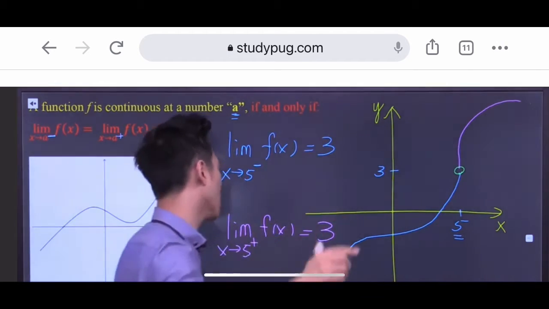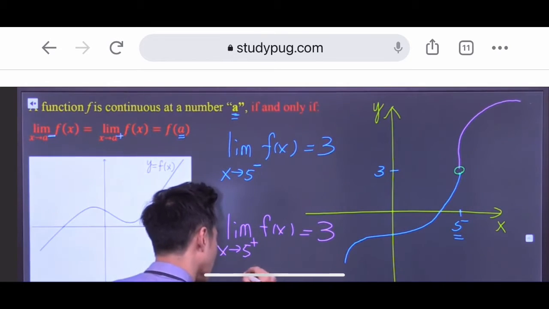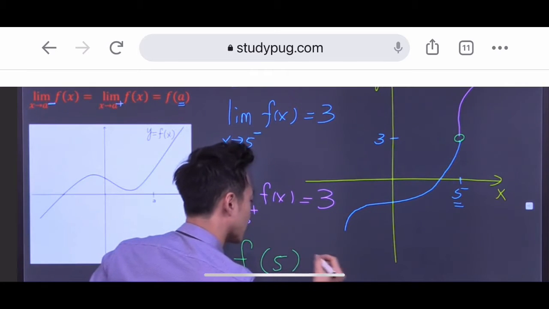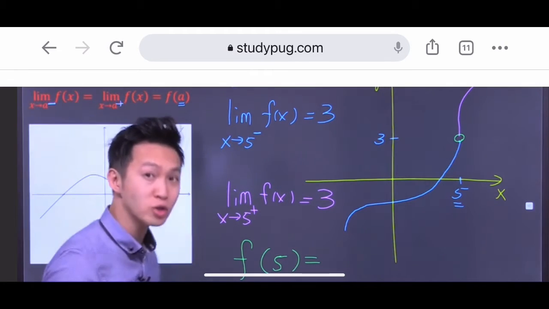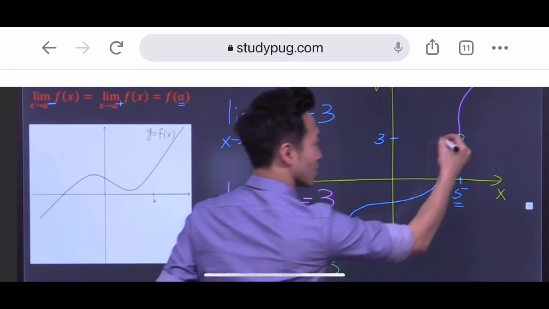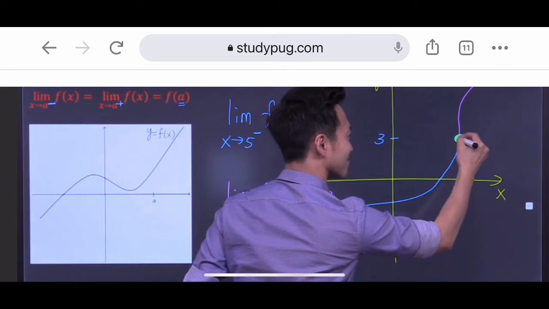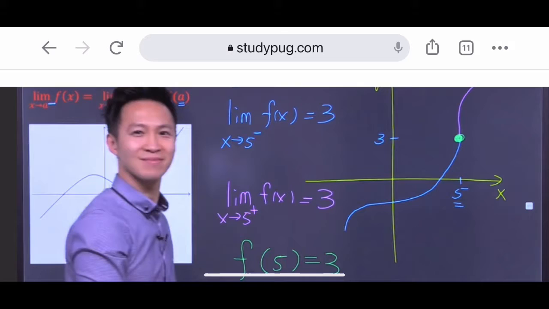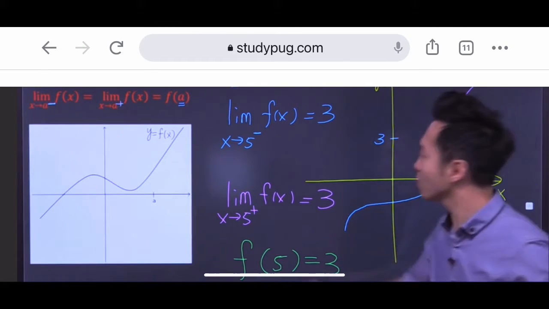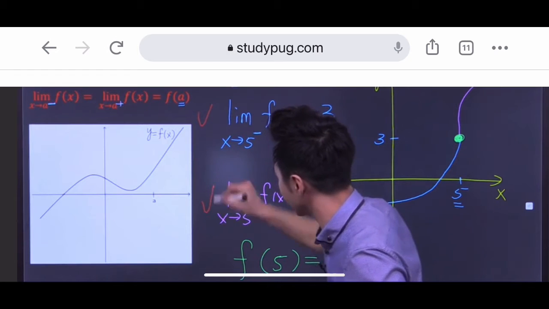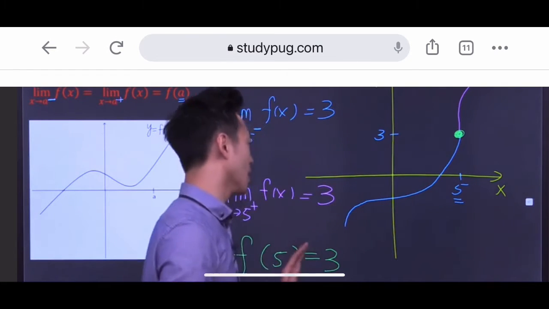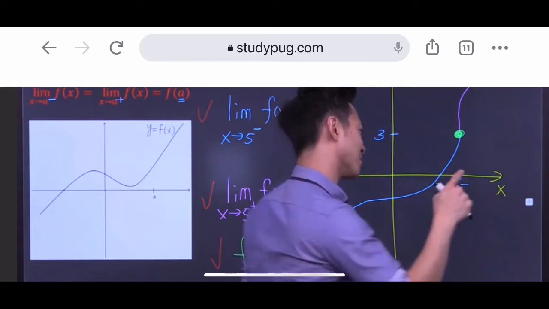And therefore, we must define the function at 5 to also have the value 3 to fill in the gap. And there, only when we have all 3 arguments equal to each other, then we can guarantee that the function is continuous at 5.